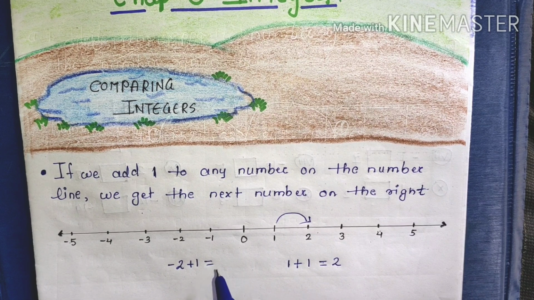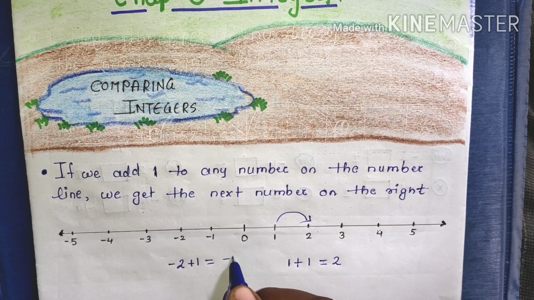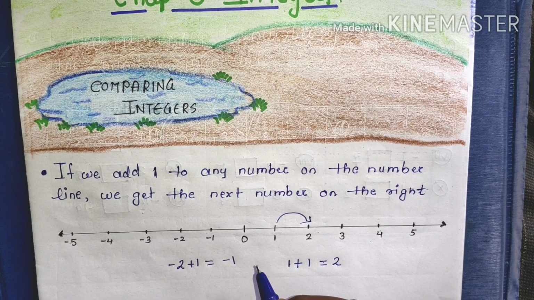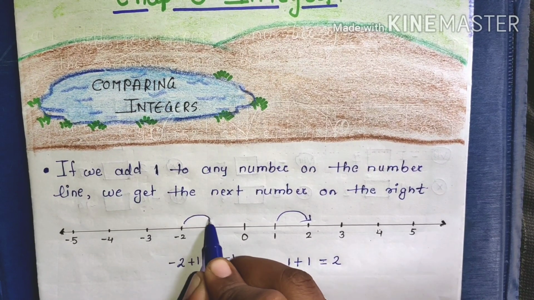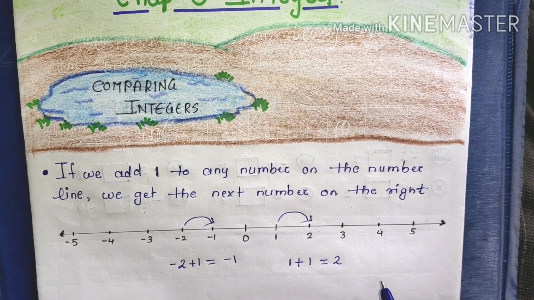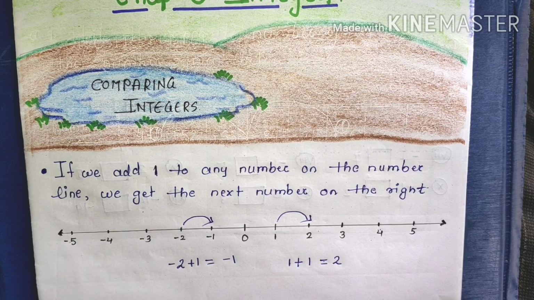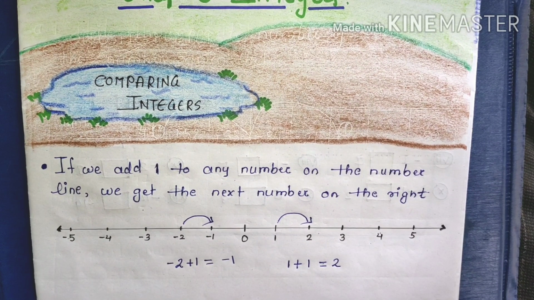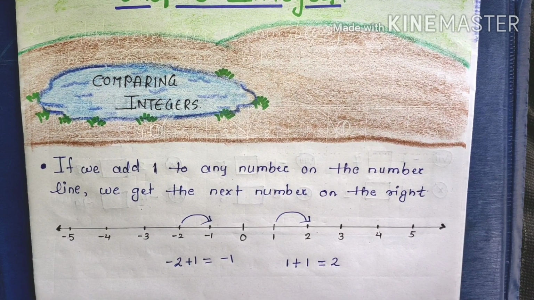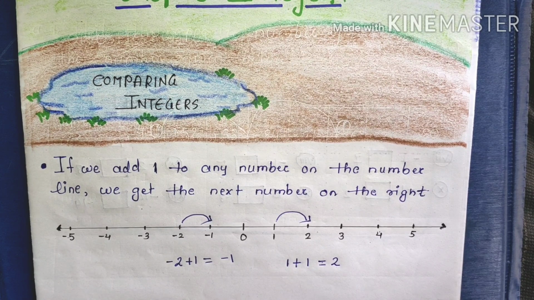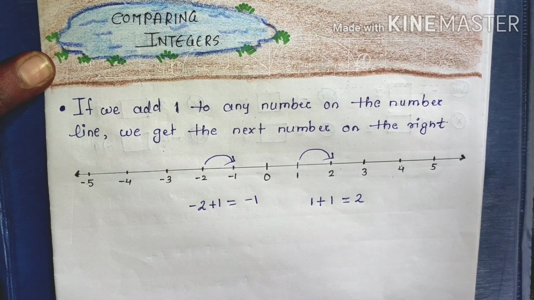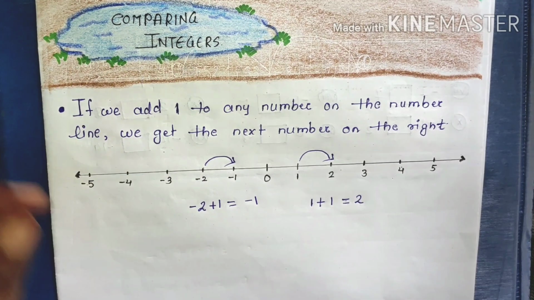According to the rules of addition of integers, here I get -1. That is the next number on the right side. That means every time if I add 1 to any number, then we get the next number on the right side. And by this concept we are going to compare the integers.